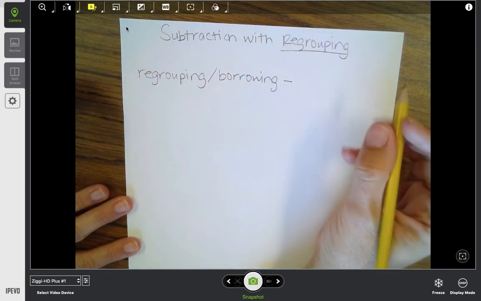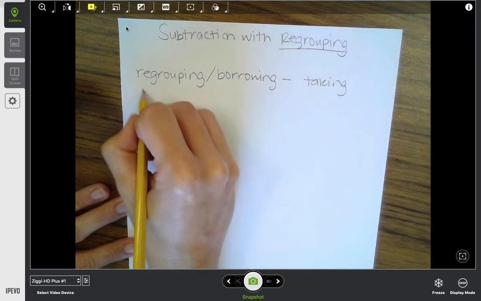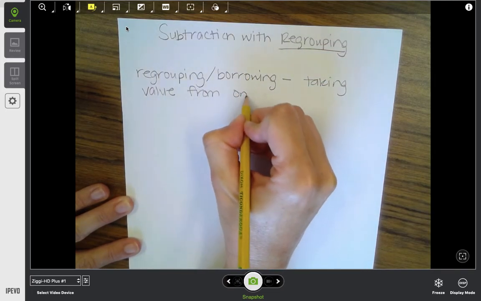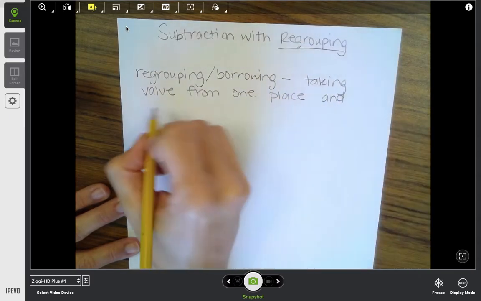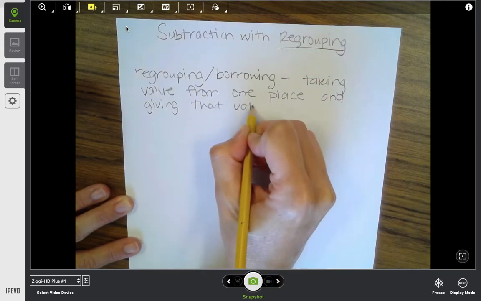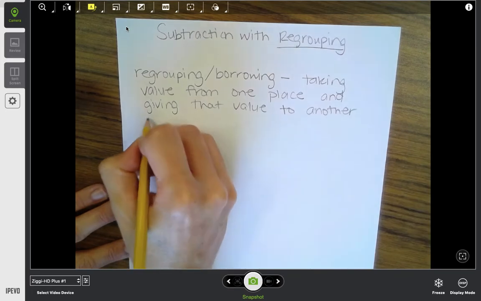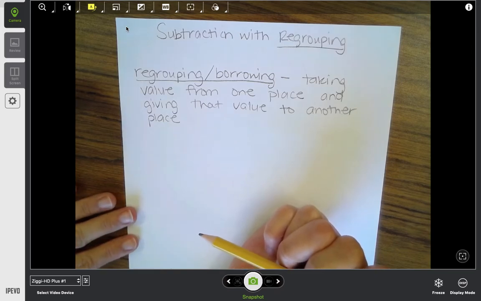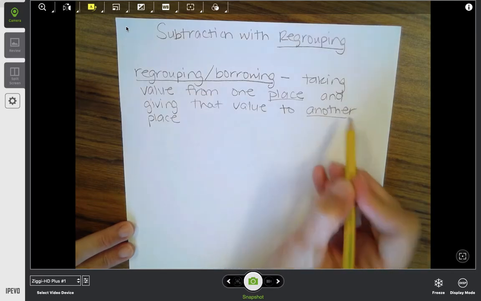Okay, and basically that idea just means that you are taking value from one place and giving that value to another place. So this is what we mean by regrouping or borrowing, taking value from one place in a number and giving that value to another place.